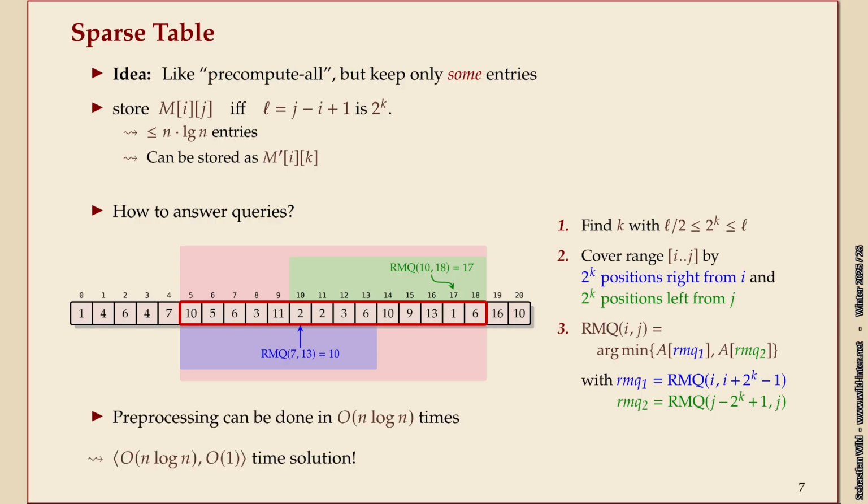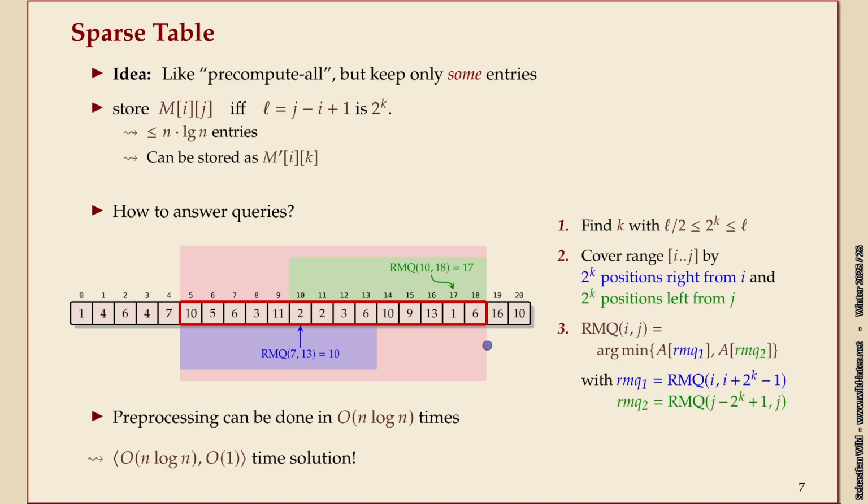How good is this? I'm using n log n entries, so I have to compute those at the very least. But query time is constant. It turns out you can also compute every entry in this table in constant time if you do it in the right order. Namely, you go from small to long ranges. Then the next longer range consists exactly of 2 of half the size.